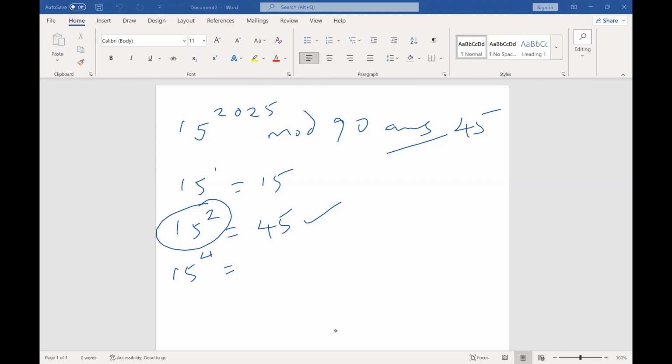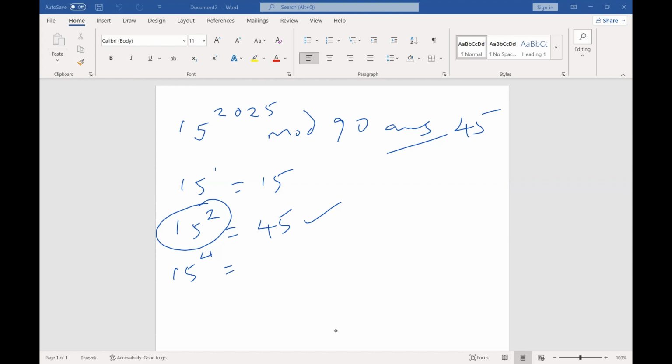That 2025 divided by 90, how many times does it go in?